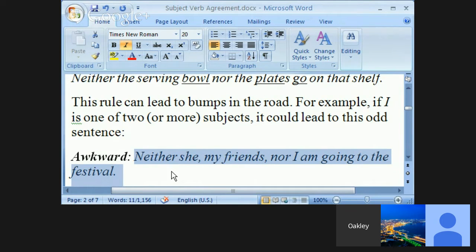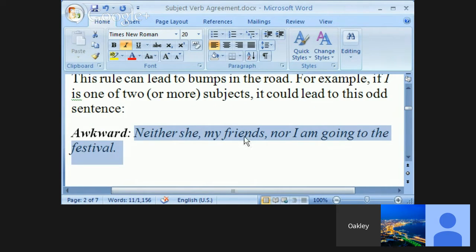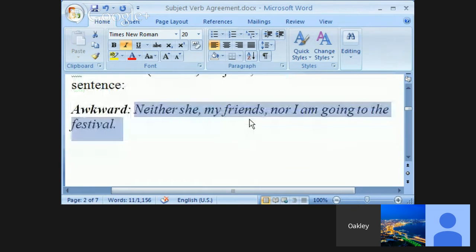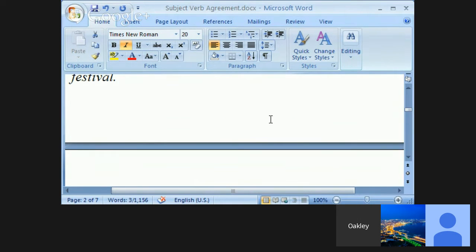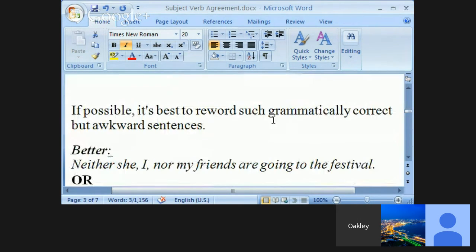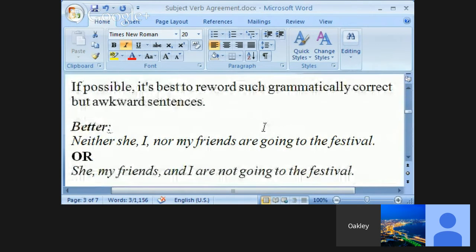Actually, that doesn't even sound all that bad to me as an English speaker. But I find my students think it sounds very strange. But it is absolutely correct. The verb is here. The closest subject is here. I am. That is correct verb conjugation. Nothing wrong with that. However, if it makes you feel better and if it sounds better, you can always reword it.